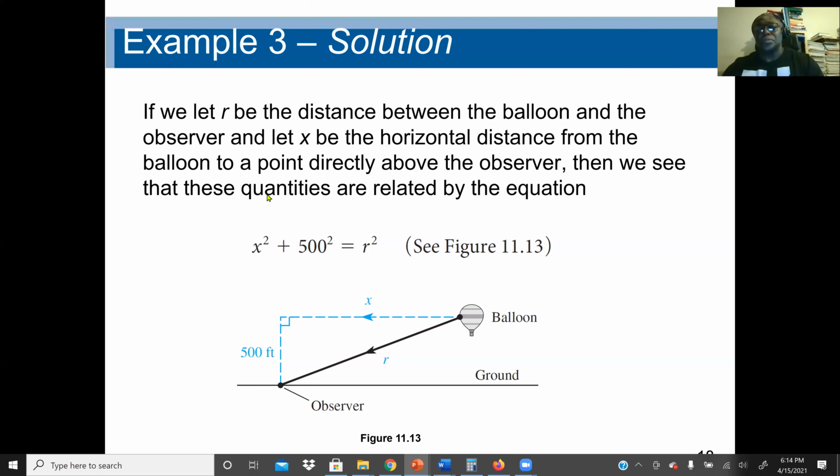We are looking for R, so we can use the Pythagorean theorem: S² + 500² = R².